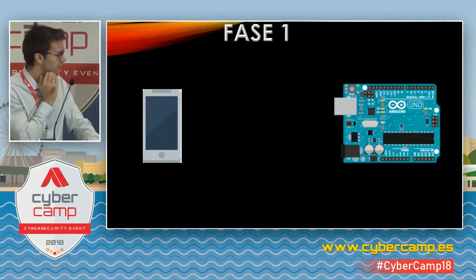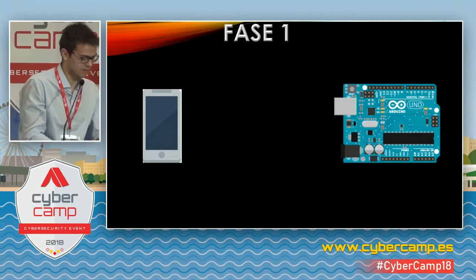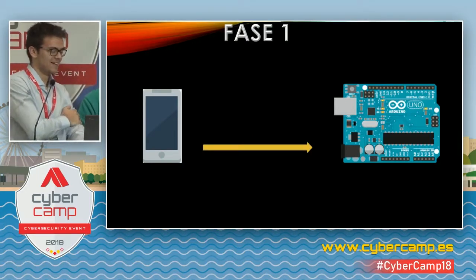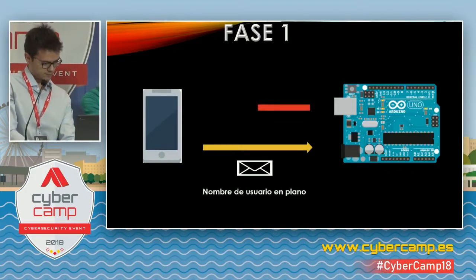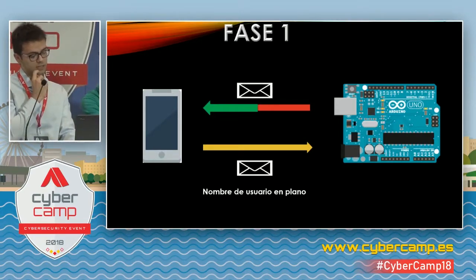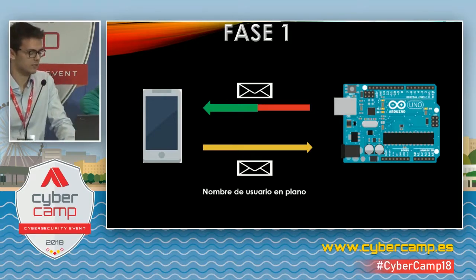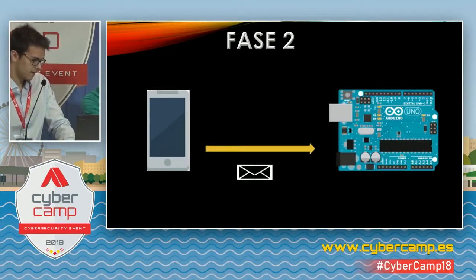So what are the different stages of the communication that we've been developing? Our project was actually more complex than we originally thought. That's been the first conclusion. The idea is that a message is sent from the mobile phone to the Arduino with a flat username. If everything works, the request gets there, and if it's been saved, then a challenge will take place.